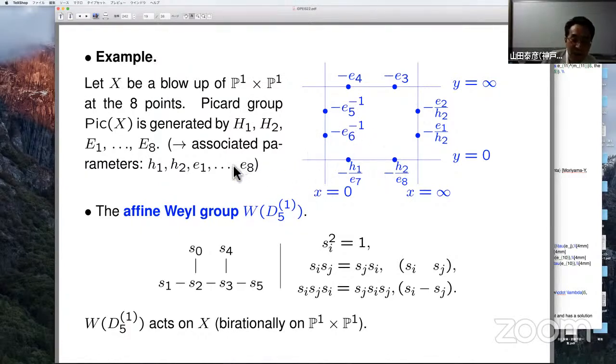And we also introduce the corresponding parameters H1, H2, and E1 to E8. And these parameters transform covariantly to the basis of the Picard lattice. And these parameters are very convenient to understand the geometric meaning of the representation.